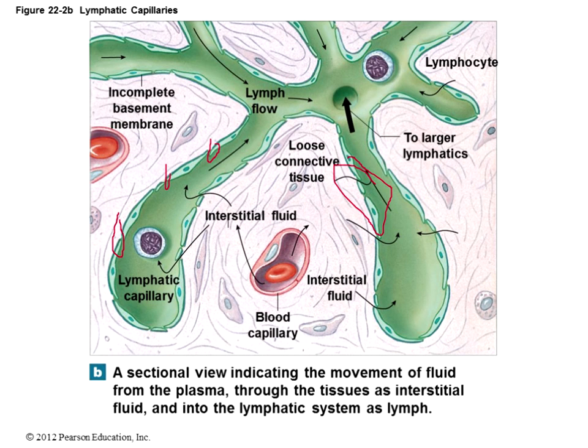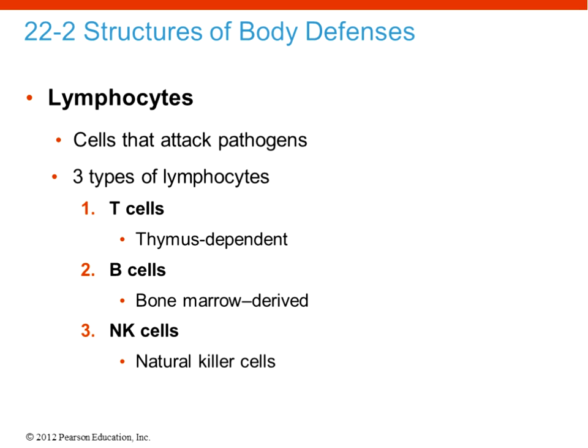You look at the lining of the vessel, and it allows things to enter into this lymphatic section. This is a really nice image showing a cross-section through a lymphatic vessel, and you can appreciate that incomplete lining that I was talking about. So that's different from what we see with blood vessels, okay?